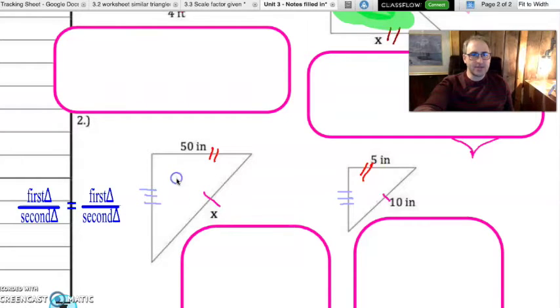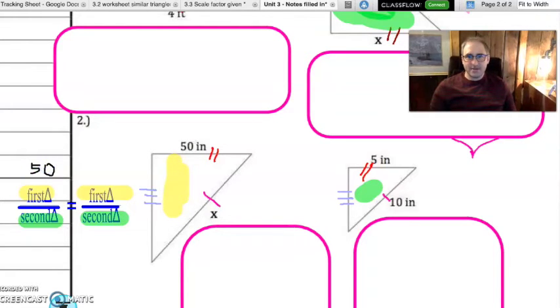Let's go yellow triangle here, and that's first triangle, both sides, and green triangle over here, so that's second. So again, number-wise, I am going to compare 50 on the yellow triangle to 5 on the green triangle.